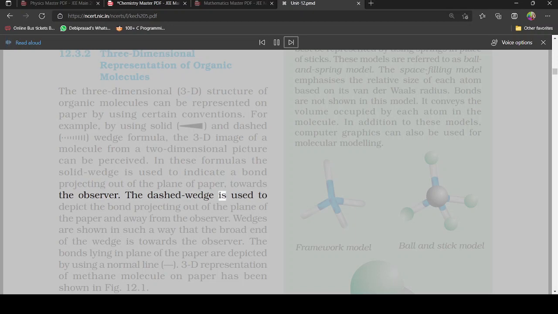The dashed wedge is used to depict the bond projecting out of the plane of the paper and away from the observer. Wedges are shown in such a way that the broad end of the wedge is towards the observer. The bonds lying in the plane of the paper are depicted by using a normal line. The 3-D representation of the methane molecule on paper has been shown in Fig. 12.1.